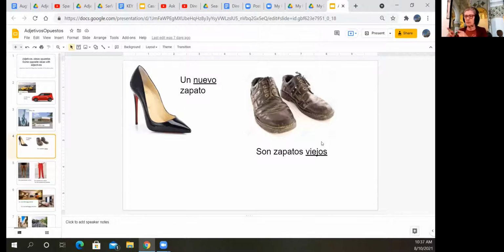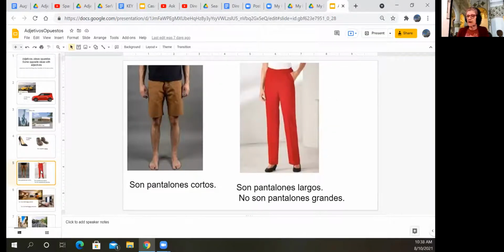Son zapatos viejos, they are old shoes. And now once I change it to zapatos, plural, I've got viejos, old. See? Okay. Vale.